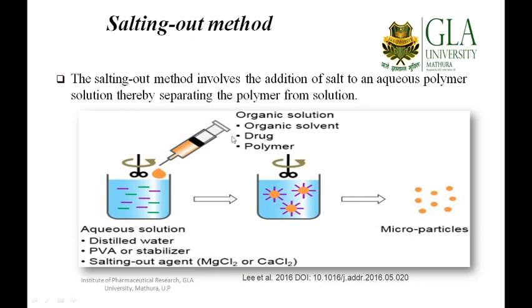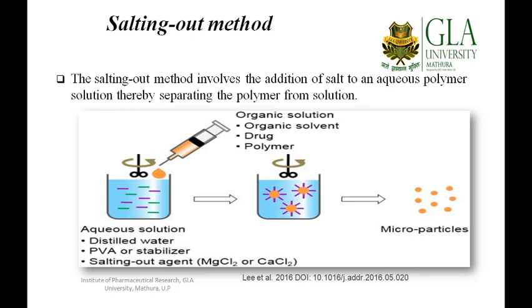The salting out method involves addition of salt to an aqueous polymer solution, which actually separates the polymer from the solution. You can see we have taken an aqueous solution which has the composition of distilled water, PVA, that is polyvinyl alcohol, or some other stabilizer, and the salting out agent is either MgCl2 or calcium chloride.